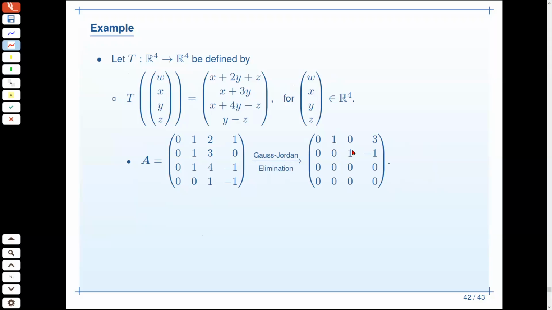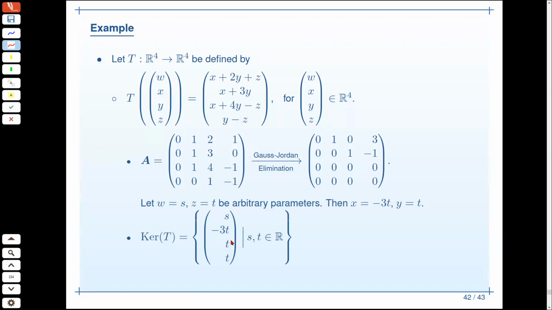Now you can see, you can solve. This is a parameter, this is another parameter. So let S and T be arbitrary parameters. So X will be -3T and Y equals T. Then the kernel is of this form.